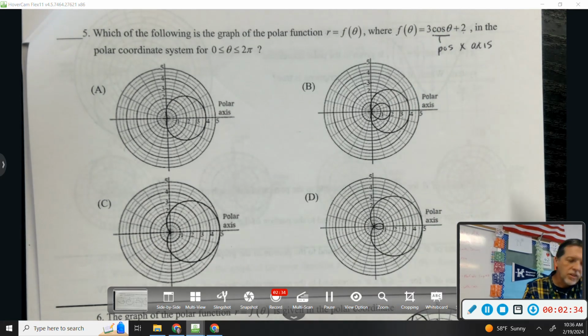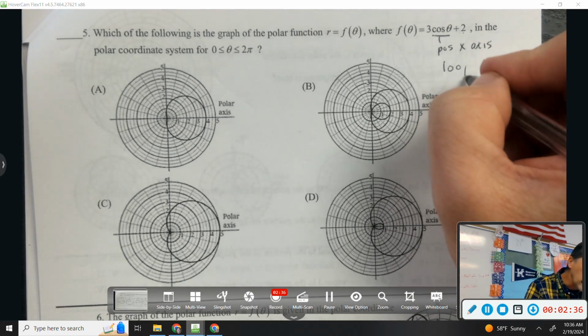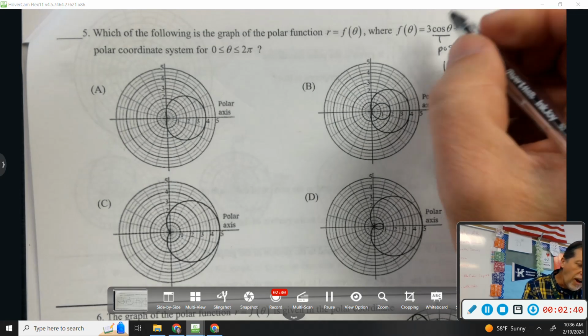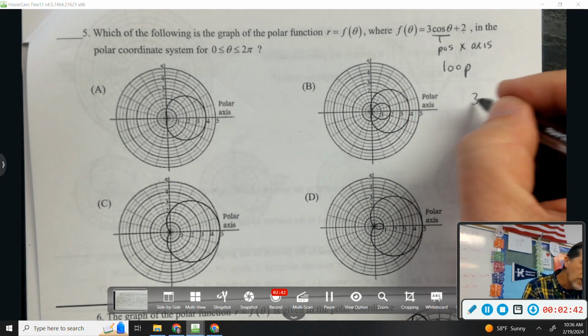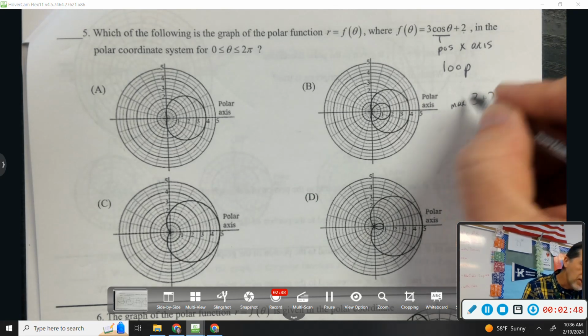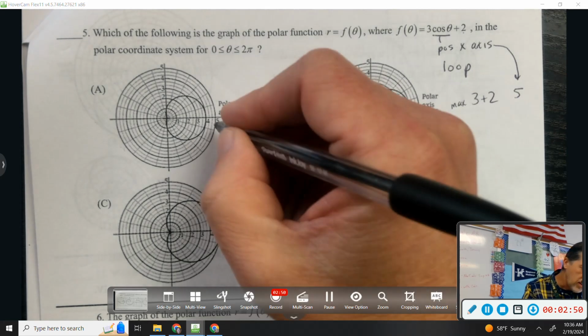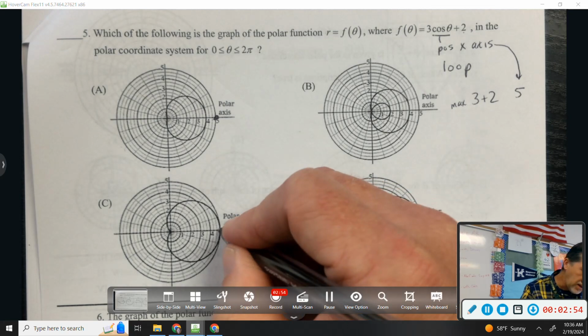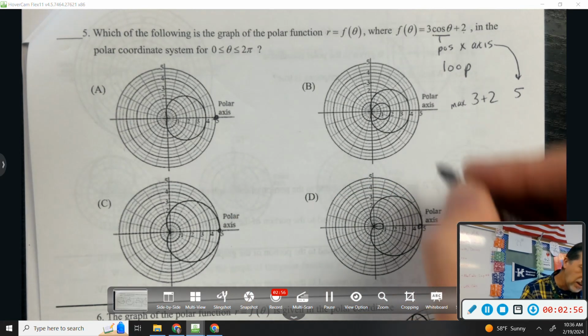The 3 is the loopy part, so this is going to have a loop. Or I could just start graphing it and say 3 plus 2 is 5. That's sort of the max point on the x-axis. So already I'm down to C and D.